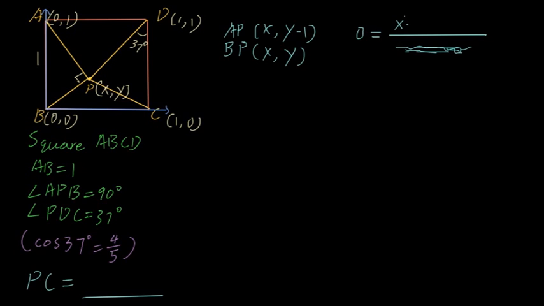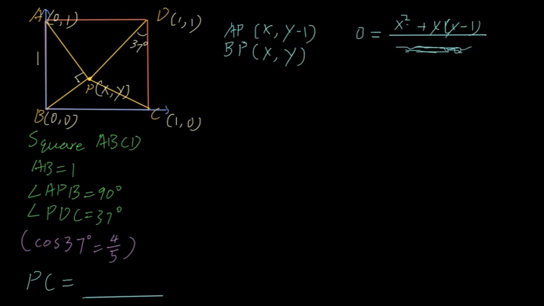So that's x squared plus y times y minus 1. So this is what we can get from angle APB. And you can see we only have one equation for two variables. We cannot solve this yet.